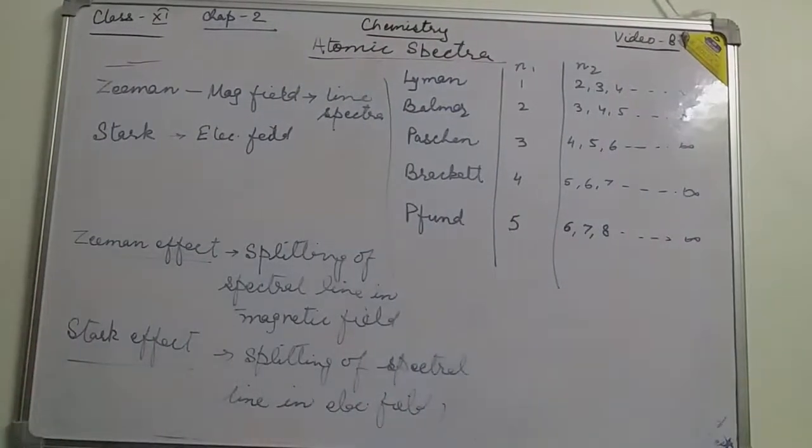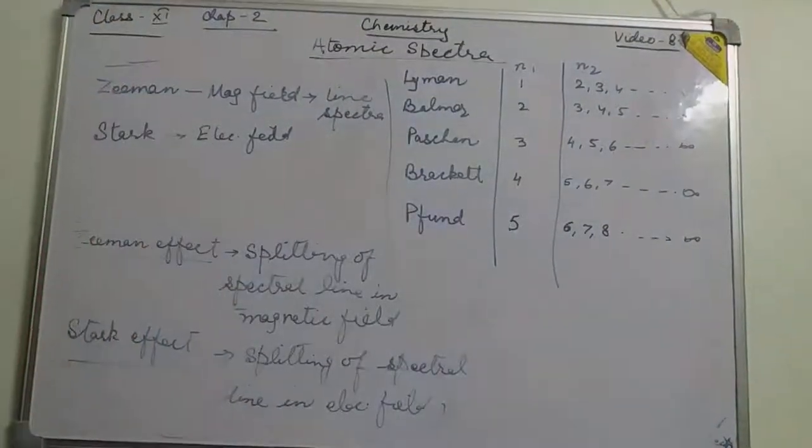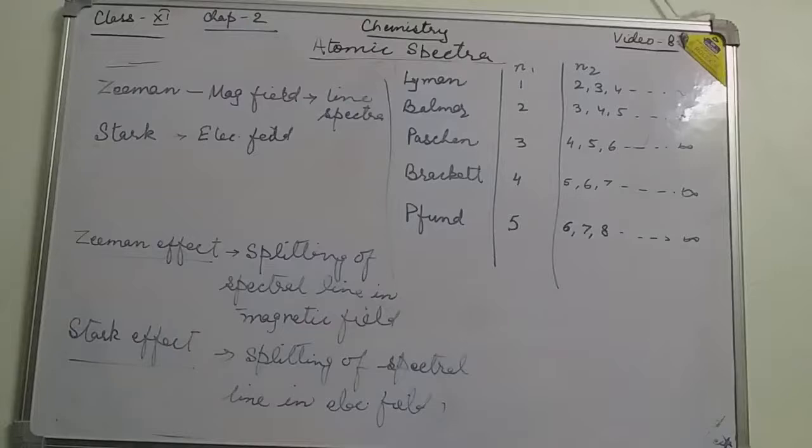So these are the deviations from Bohr's model. These are the defects of Bohr's model. Bohr's theory gives the spectral lines or the spectra for a one electron system, not for all electron systems, all atoms or all matter in the surrounding. Now next is dual behavior of matter.